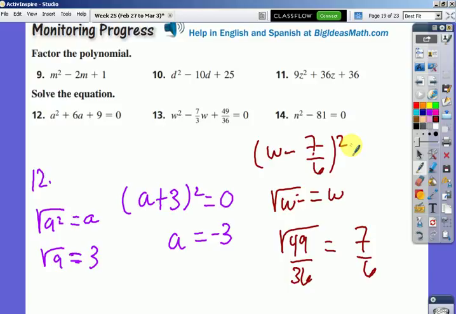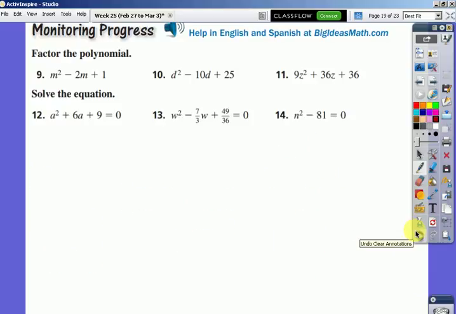Last one. What's different about the last one? Do I have a middle term? No, so this goes back to the first example. I still have perfect squares, and remember how I said I don't want you to forget the little things? This is one of those little things again. So now that we're going on to this, don't forget this that we just learned in the first couple slides. So I have perfect squares.